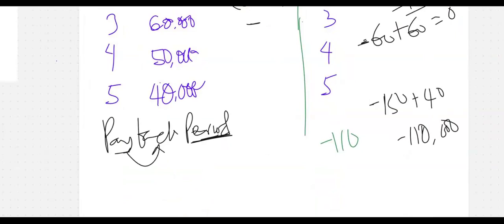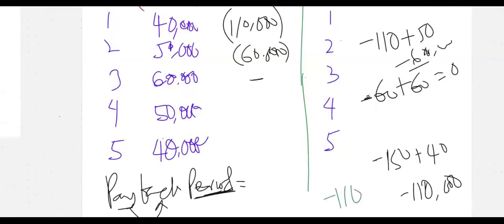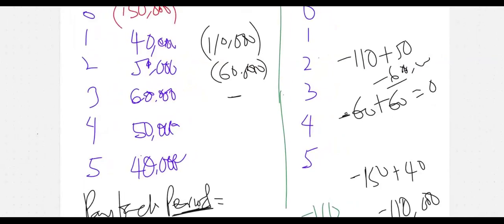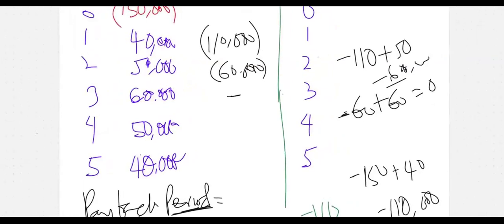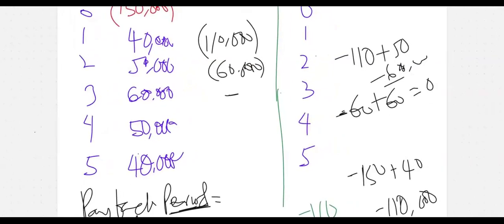Right. Without time value of money. So what we would say, for us to easily get it, we say the payback period equals how many years did it take us to pay back fully the 150,000? It is 3 years. So year one, year two, year three. So 3 years.